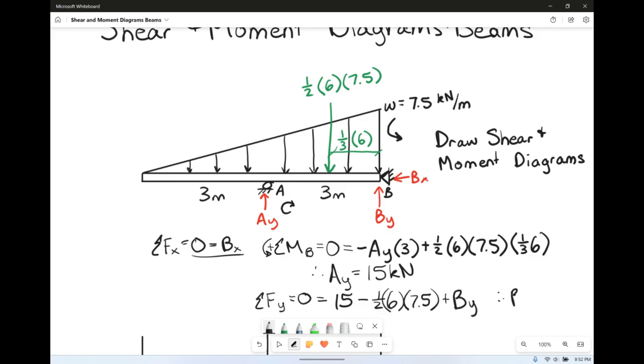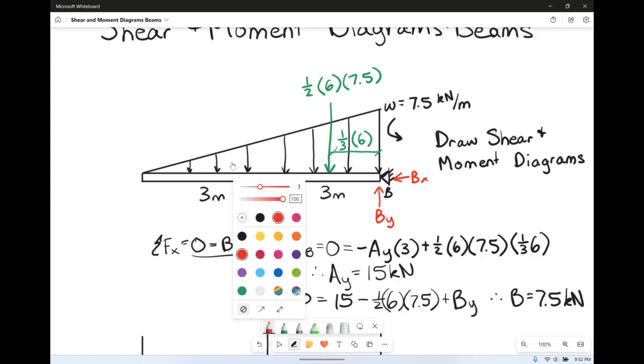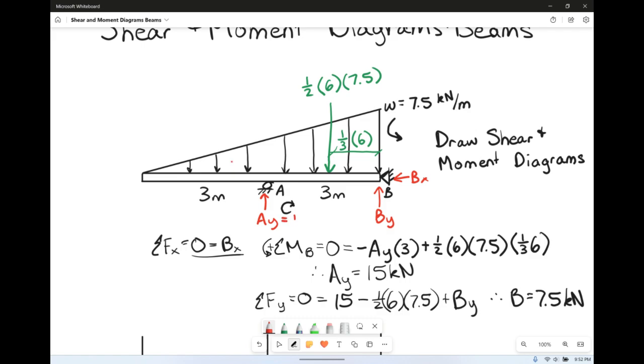So BY is going to be equal to 7.5 kilonewtons. So now that we have those, we can write those in. AY we said was 15, BY we just said was 7.5, and BX we really don't care about. So we have our full loading diagram.